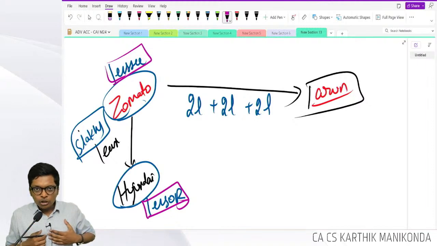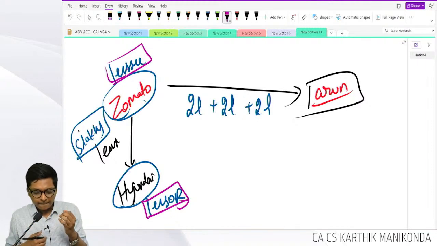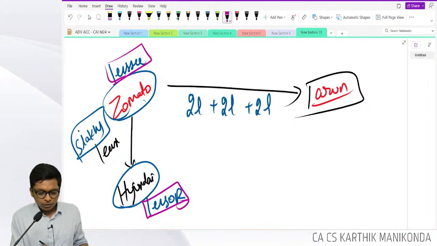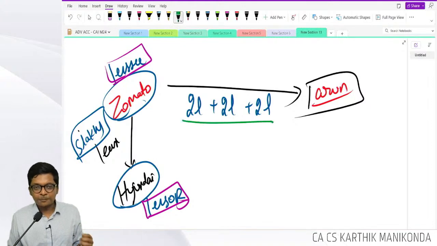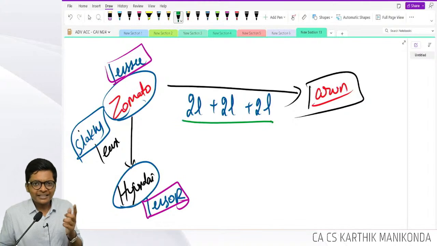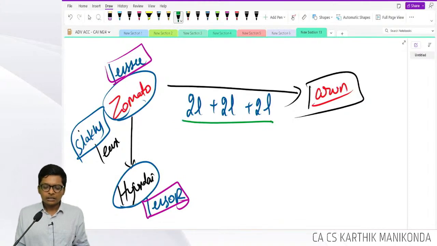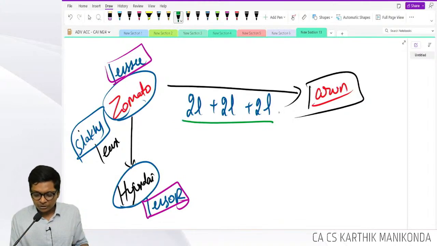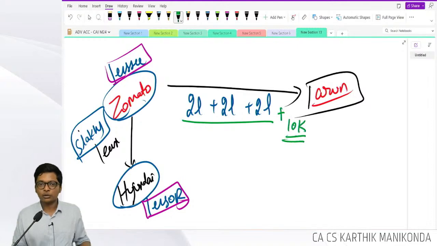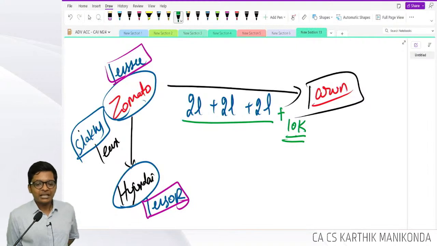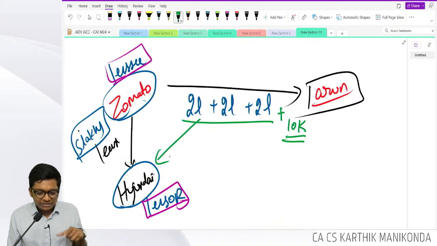At the end of the lease period, Zomato is going to pay 2 lakhs plus 2 lakhs plus 2 lakhs. But are they going to buy the car? They will buy the car. So assume the last lease payment is a small amount of 10,000. Generally, this is rent to use the car.